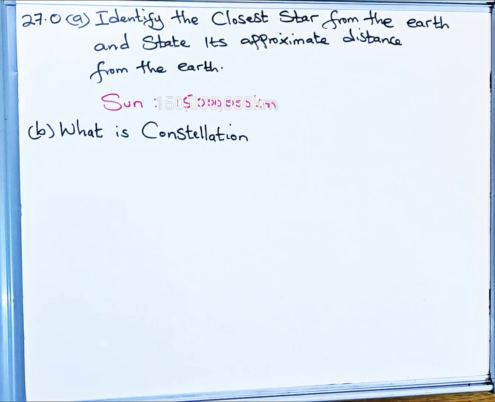That's what we call a constellation. There are so many constellations, especially from observation with a telescope. So those are a bunch of stars which, when you see them, you see a particular pattern or a particular shape, which we refer to as a constellation.